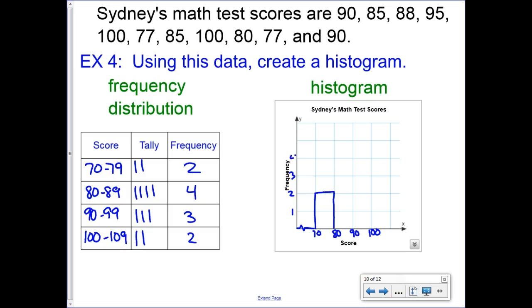From 80 to 89, I would be at a height of 4. From 90 to 99, I'm at a height of 3. And from 100 to 109, I'm at a height of 2. So there's my histogram based on my frequency distribution table.